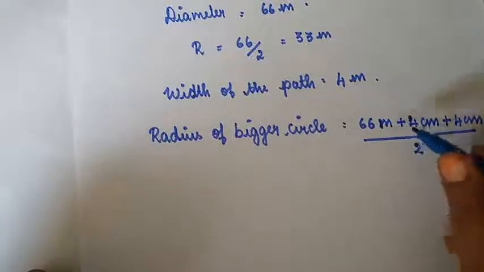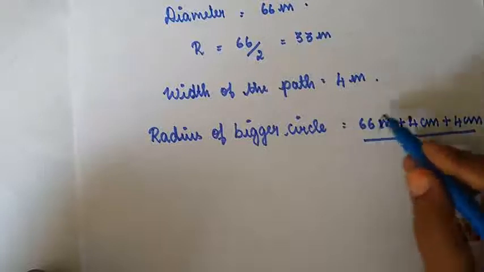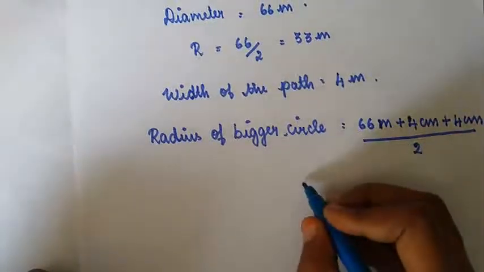Radius means half of the diameter. This is a diameter. Okay.